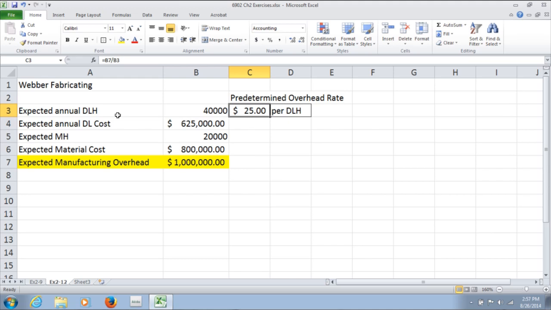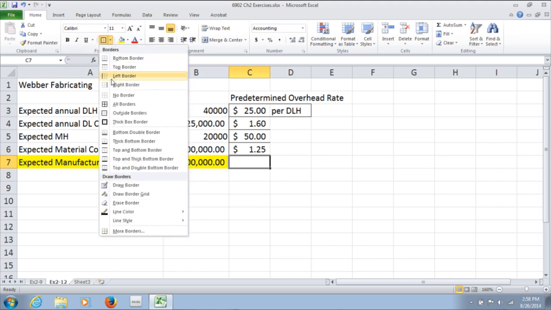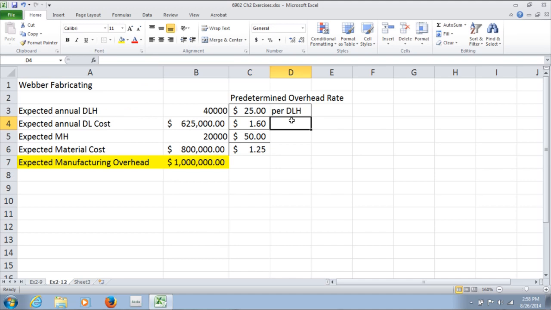So if we hit the F2 key here, we can see that for each of these allocation bases, we would have a common numerator, that is the $1 million of expected overhead costs. Using the F4 key, we would make an absolute cell reference there, so that as we copy this formula down, we see that we have $1.60.